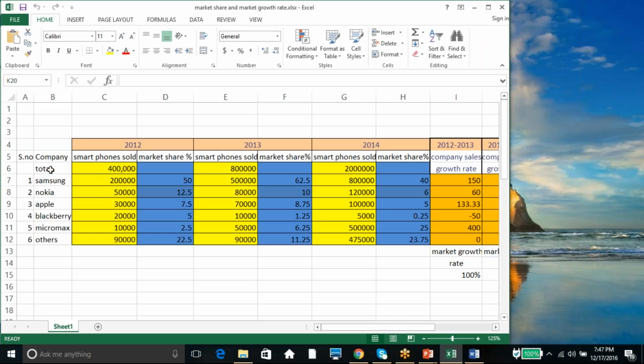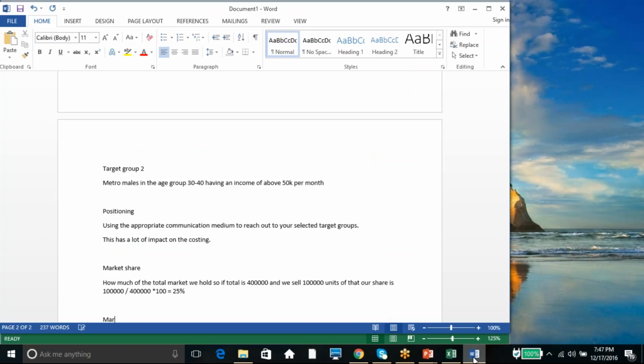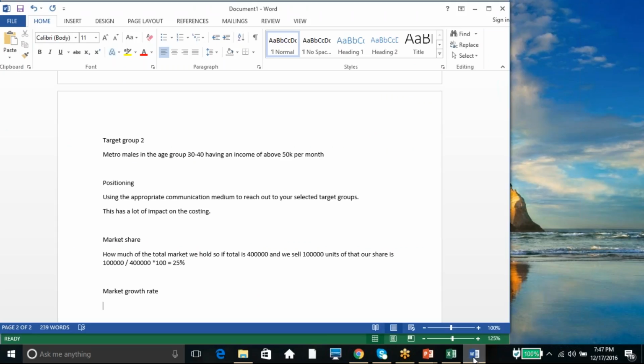Now the total market is this number which is coming on top, the total. Our second figure is market growth rate. What is market growth rate? Okay, so it is immaterial of what you do.